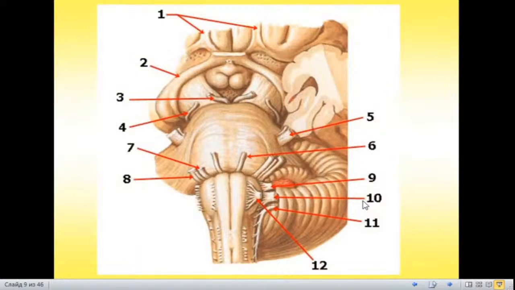Now let's revise the site of exit of cranial nerves at the base of the brain. The first cranial nerve, as you know, enters the brain in the olfactory bulb, which is followed by the olfactory tract.